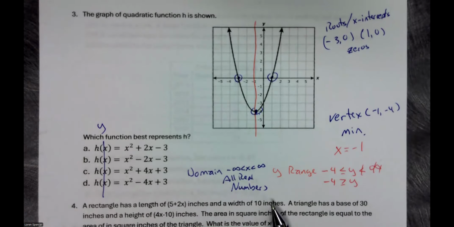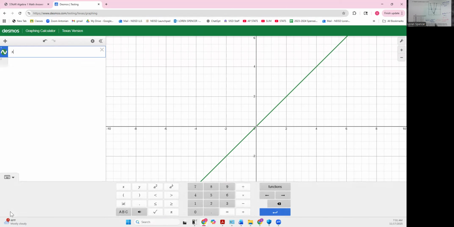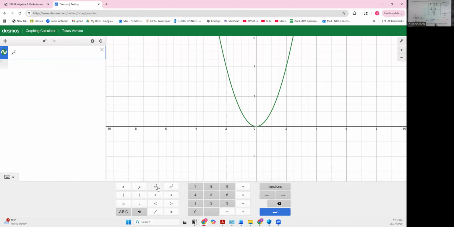So let's go to the share. And the first one was x squared plus 2x minus 3.